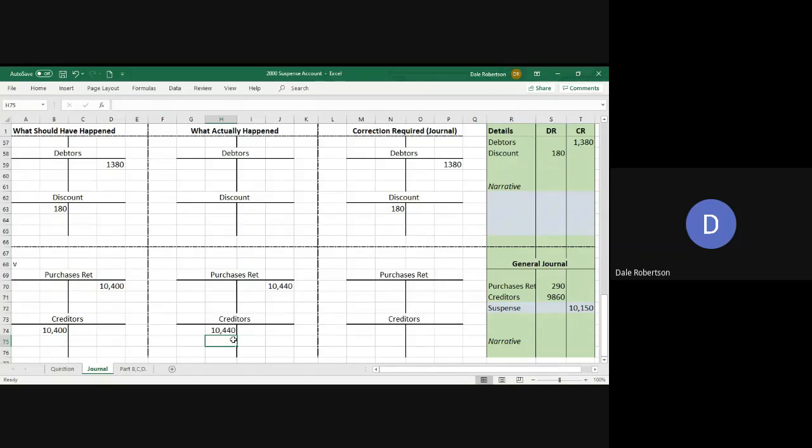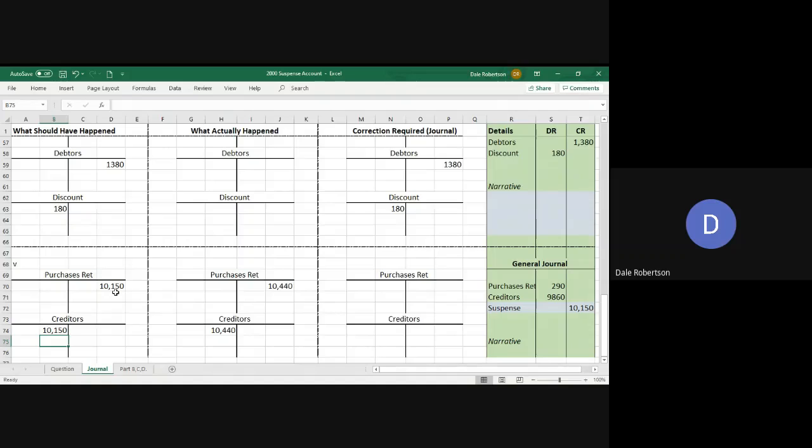So actually, the credit note arrived, and we are not getting a return of 10,400. We're only getting 10,150 because they're keeping €250 of our money. So therefore, we are not able to write off 10,400 of creditors, instead just 10,150. That is 250 taken off the 10,400.